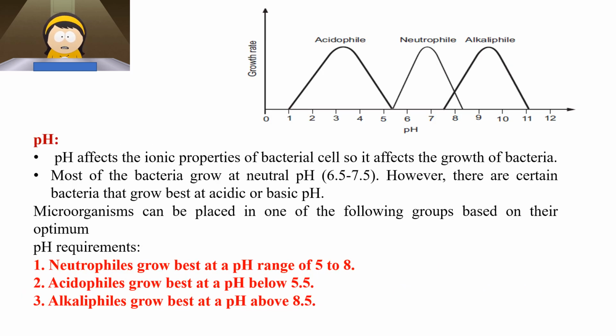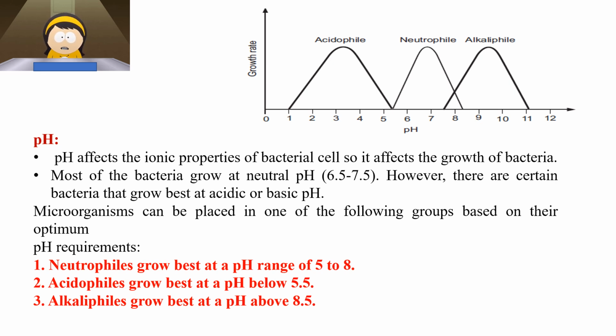pH. pH affects the ionic properties of bacterial cells, so it affects the growth of bacteria. Most of the bacteria grow at neutral pH, 6.5 to 7.5. However, there are certain bacteria that grow best at acidic or basic pH.